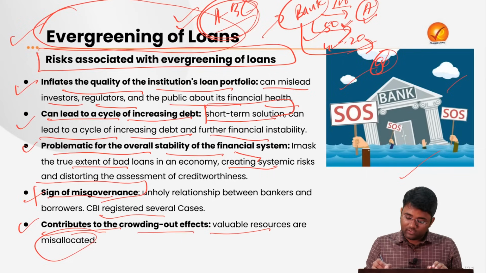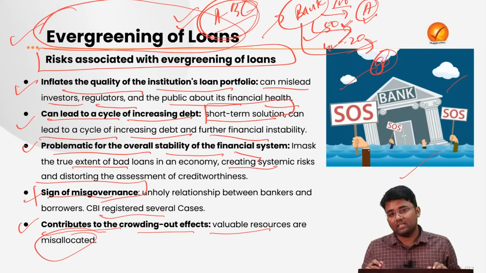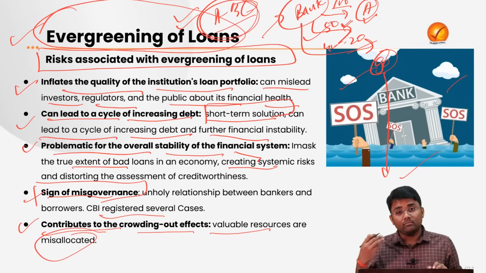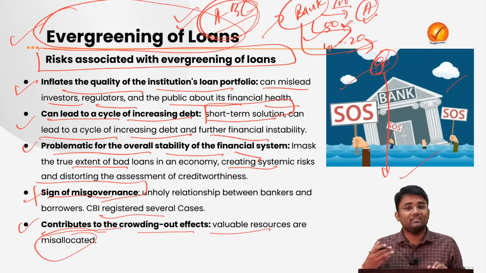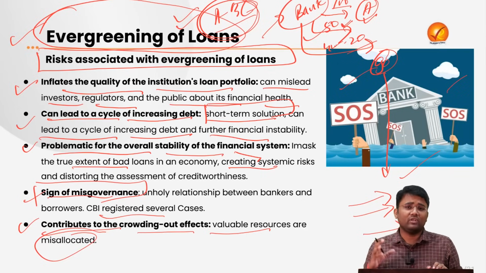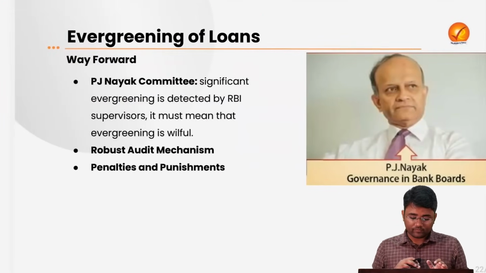This 90,000 that the bank has given again to person A could have been given to any person who has better creditworthiness, any person in dire need of funds, a very diligent person. That's why this leads to crowding out effects, meaning some of the investment that could have been done is not going to happen in the economy.